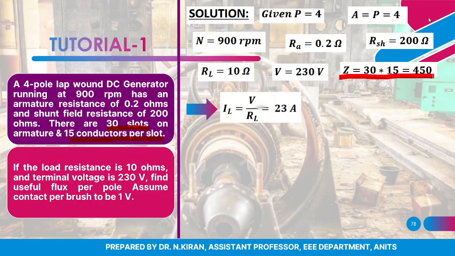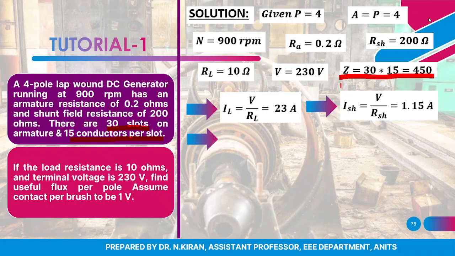Next, we know the value of terminal voltage and the value of load resistance. From that we can get load current IL, which is nothing but V by RL, which is 23 amps. We also know terminal voltage and shunt field resistance, so shunt field current ISH is V by RSH, which is around 1.15 amps.